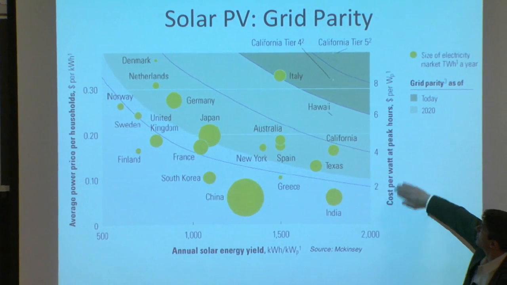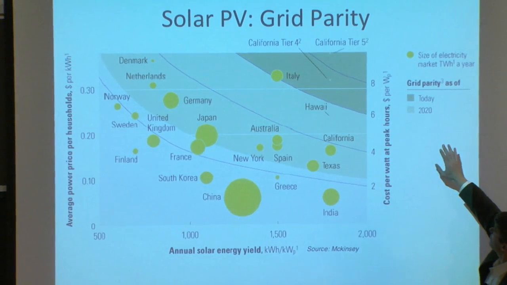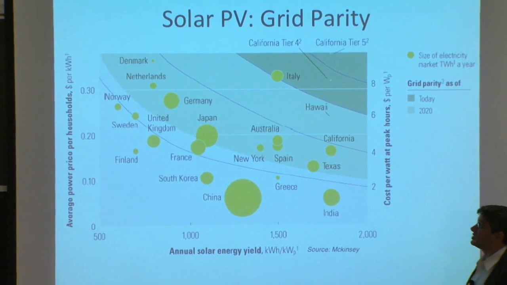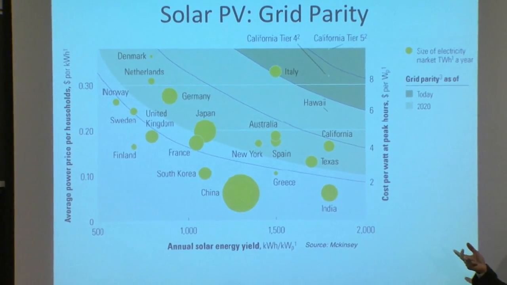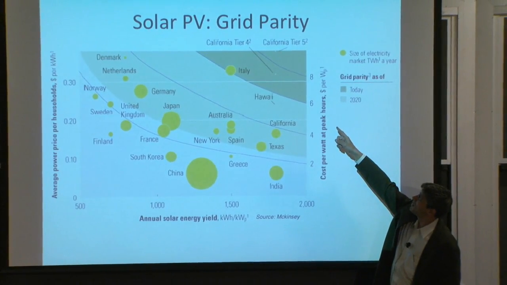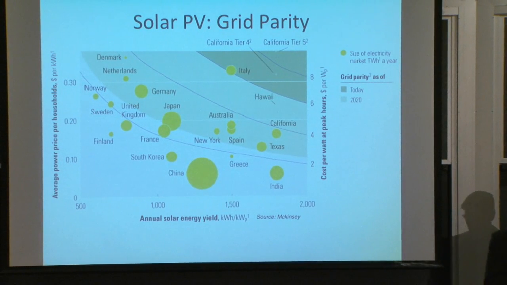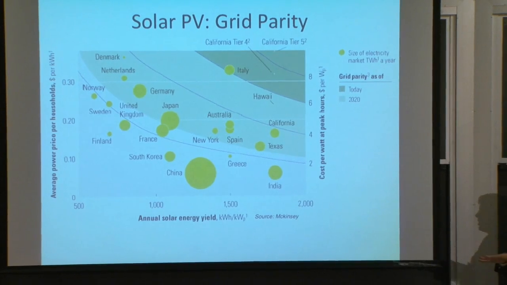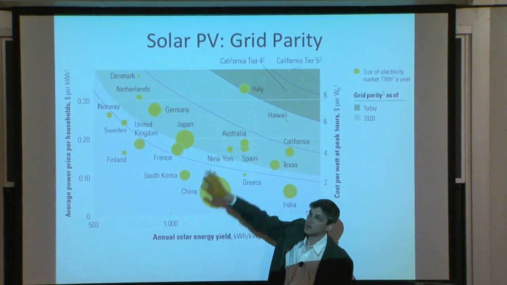So the cost per watt at peak hours is over here. What you can see is that there are some places where there's a lot of sun and electricity prices are high. We're basically already at grid parity, right? Up there, like those places I used to live. And then there are other places where we think that within 10 years we may reach grid parity in a whole lot more places.